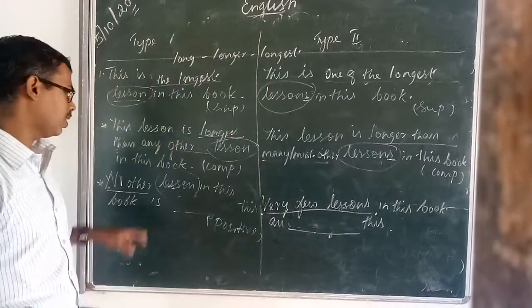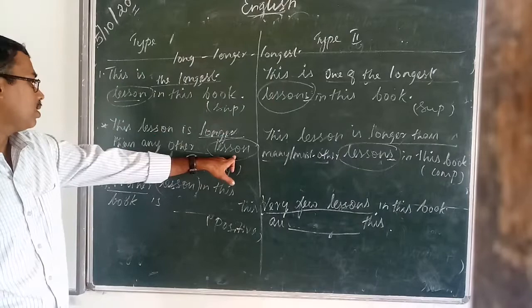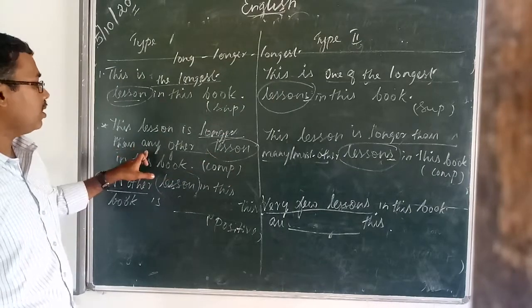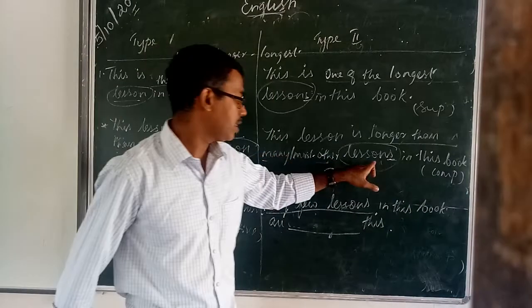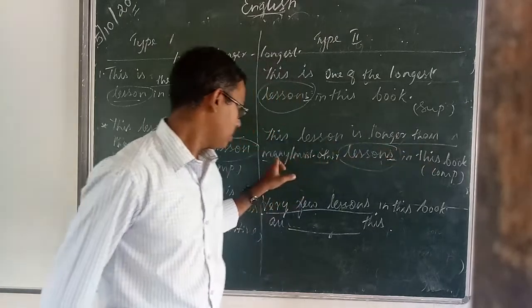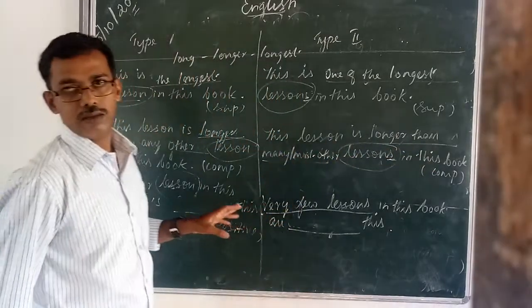Many other or most other, there is a difference. Lesson means in the comparative you have to use any other, longer than any other. And lessons means you have to use longer than many or most other.